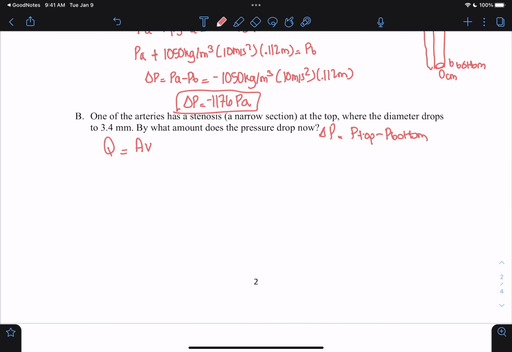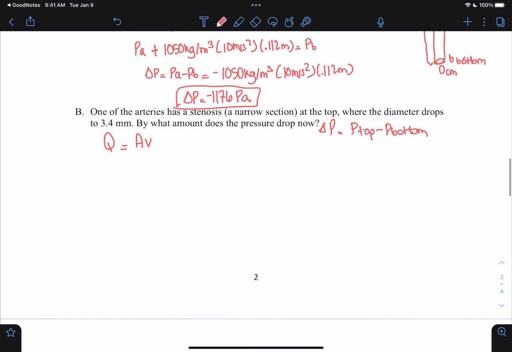All right. Well, Bernoulli had this awesome long equation, right? Which was a combination of the hydrostatic pressure equation and another term, which was the dynamic pressure that I mentioned earlier.